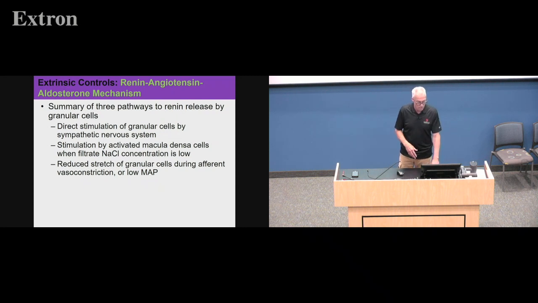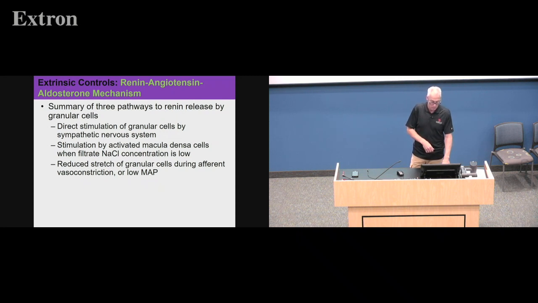That will cause release of renin and production of angiotensin II. Now we know that the macula densa cells, when the GFR is too low and therefore the salt concentration of the filtrate is too low, can cause the juxtaglomerular cells to release renin, which will raise the mean arterial pressure, as well as that angiotensin II will cause efferent constriction and raise the glomerular filtration rate.